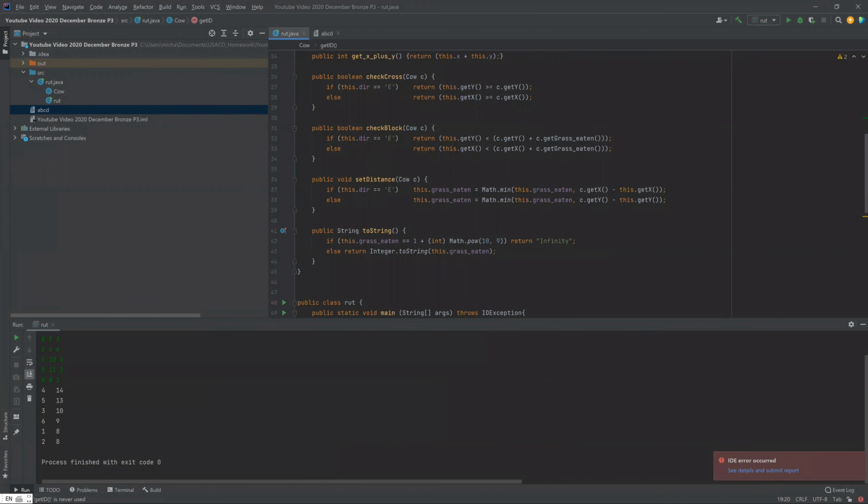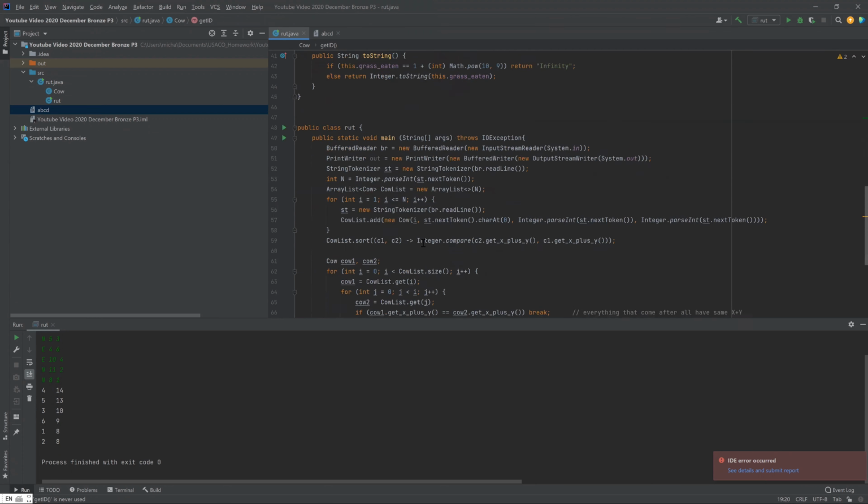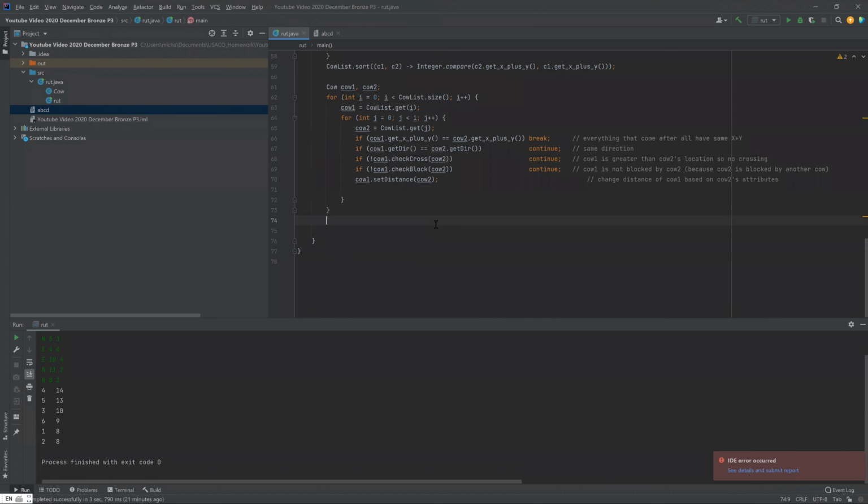So I know to compare the ID. I need to sort by ID right now, now that I got all the distances. So let's sort this.